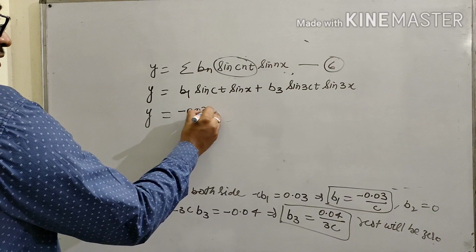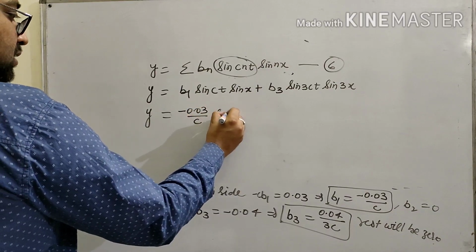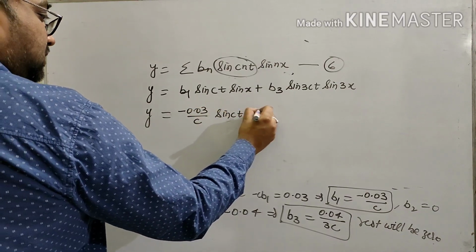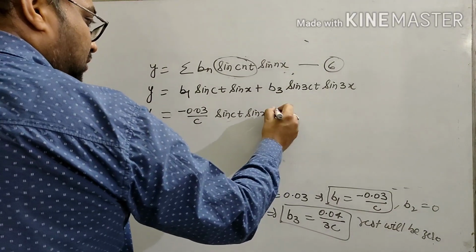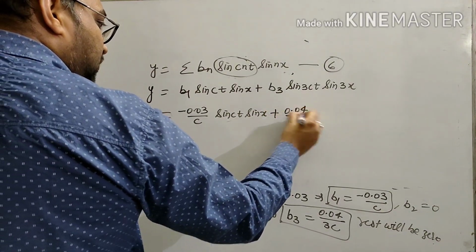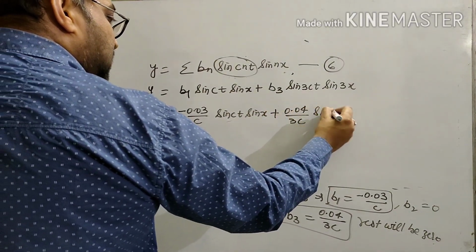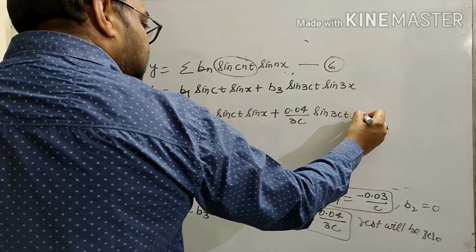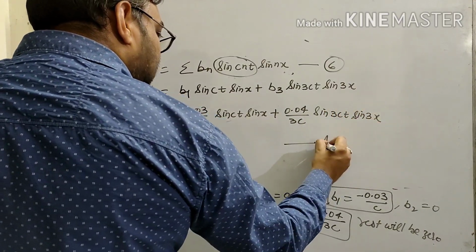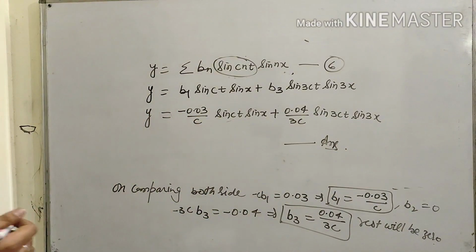Minus 0.03 upon c sin ct sin x plus 0.04 upon 3c sin 3ct sin 3x. So this is the required solution for this particular problem.